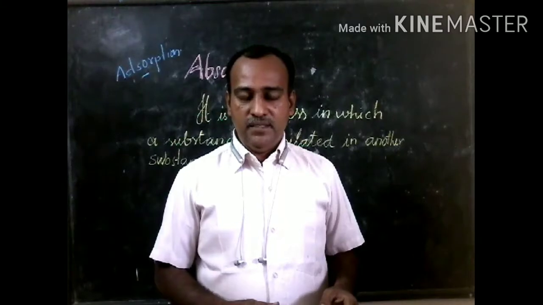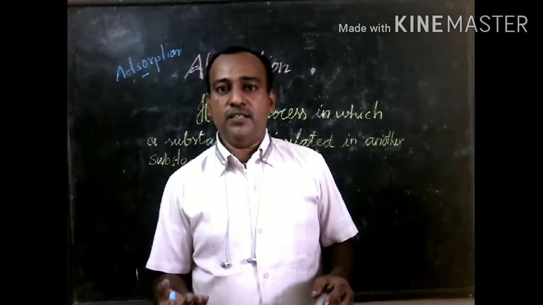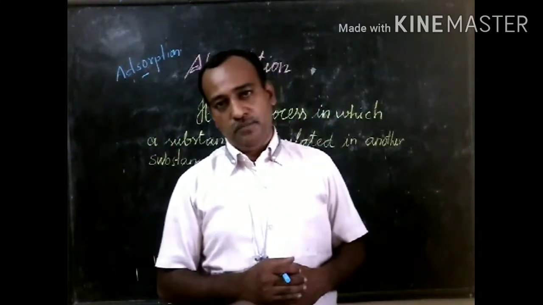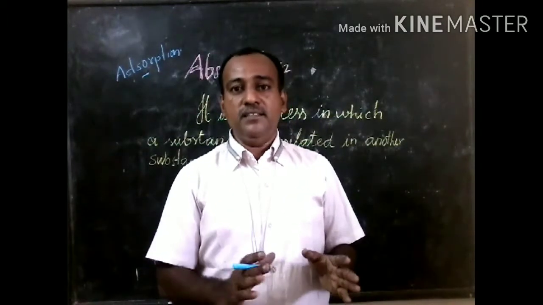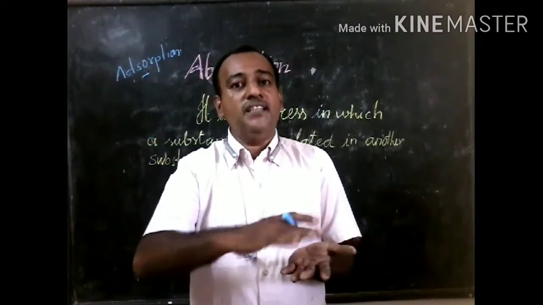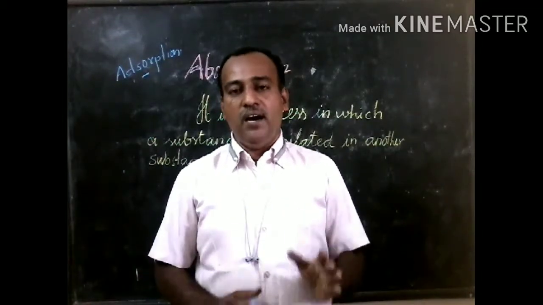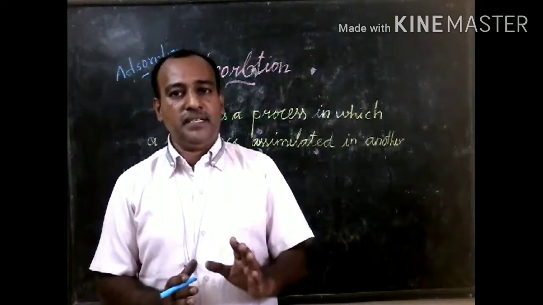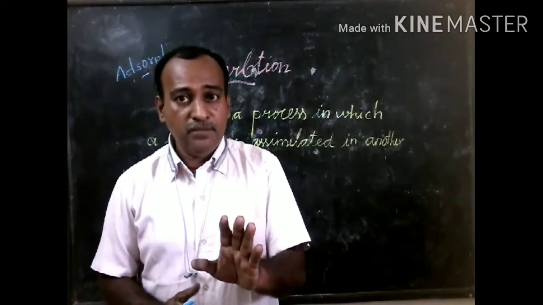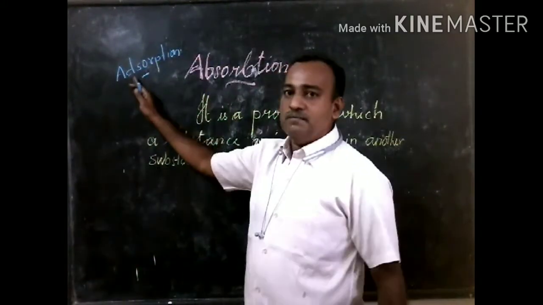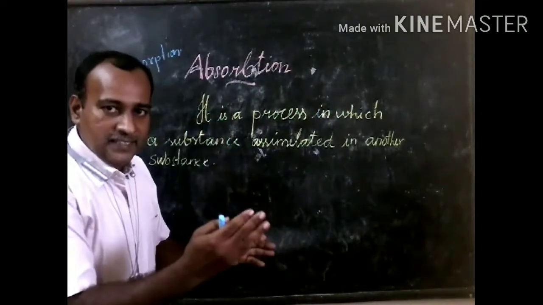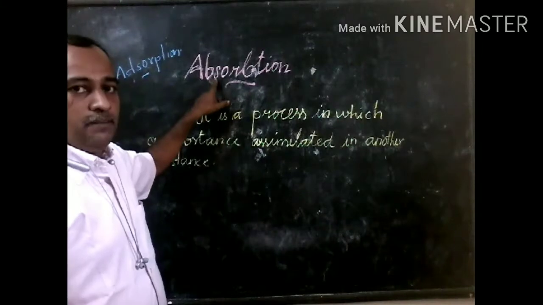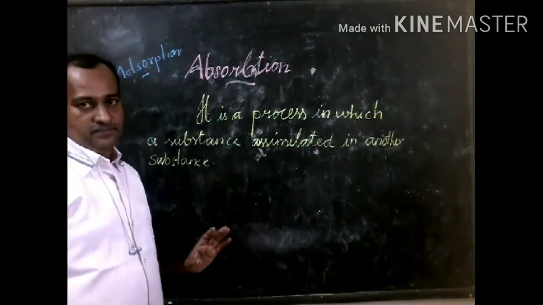The tea moves inside the tissue. But in ordinary paper, it does not move inside, only on the surface. So tea on the surface of the paper is an example for adsorption, which we studied last class. The tea moving inside the tissue paper is an example for absorption.